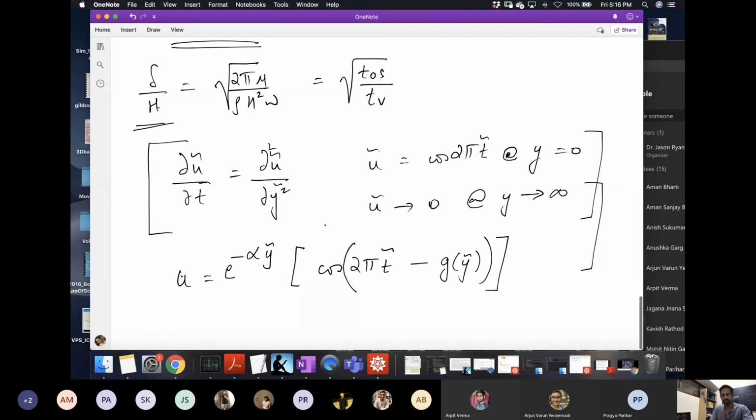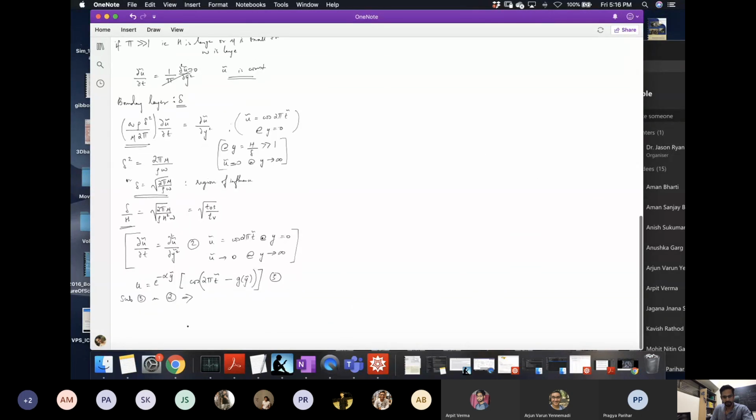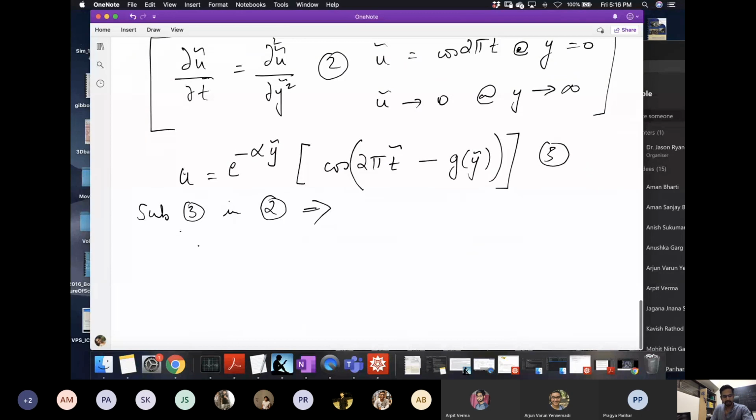And if you substitute this into this equation, so let me call these 2 and 3. If you substitute 3 into 2, you will find that alpha, I just give you the answer here and you can do it later, and that g of y tilde is y tilde by square root of 2.